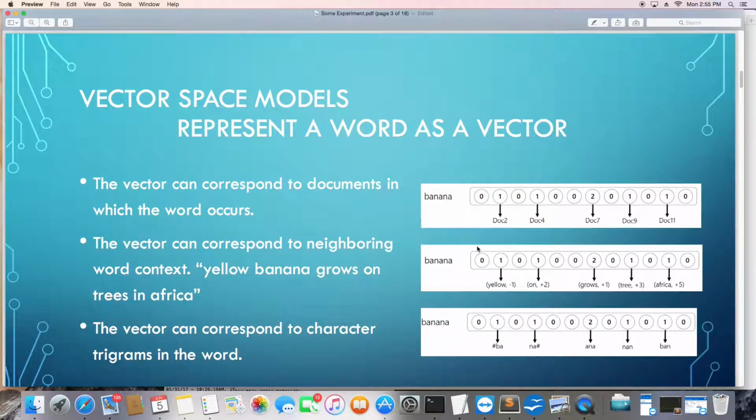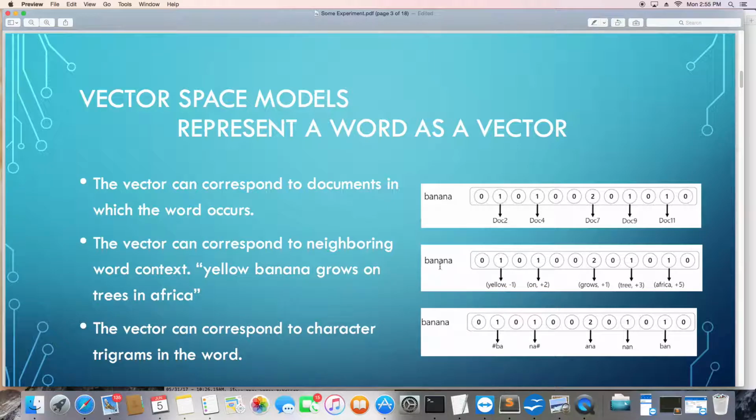Vector space model. There are three ways to represent a word as a vector: the word in a document, the word in a context, and characters in a word. For the first one, we can see the word banana in doc 2, doc 4, doc 7, doc 9, doc 11.